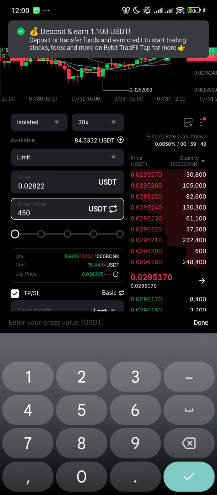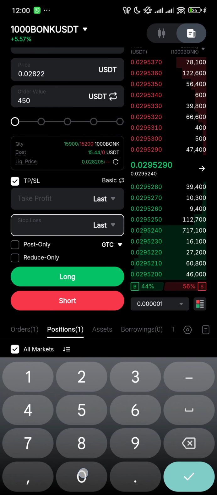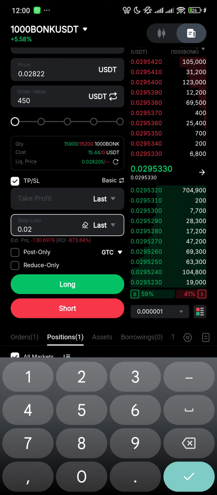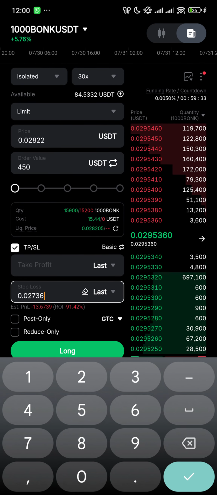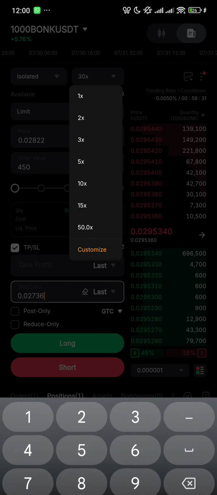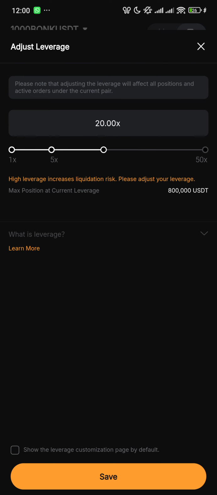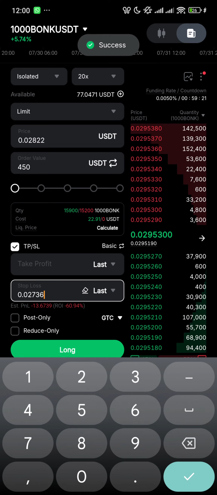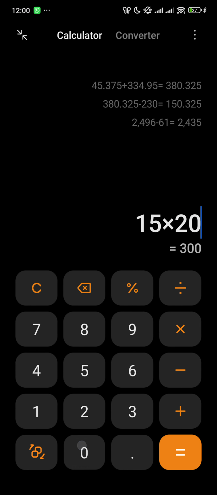And let me see. Stop loss 0.02736. Liquidation price is far from our take profits. So our stop loss, let's reduce this to 20 instead. I want it to be below my liquidation price. So that's 300. So we'll go to 300.